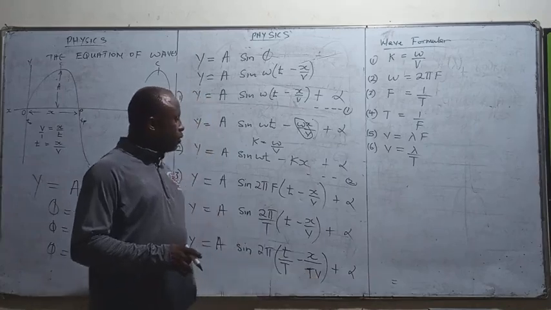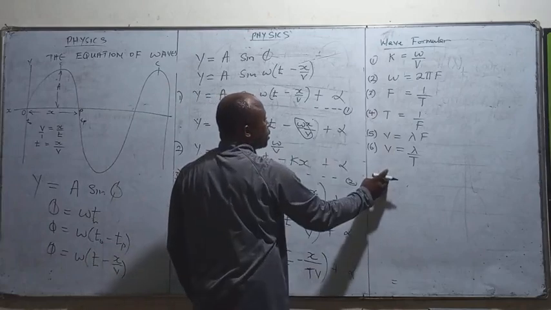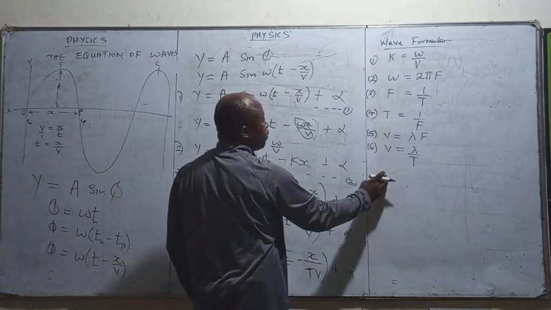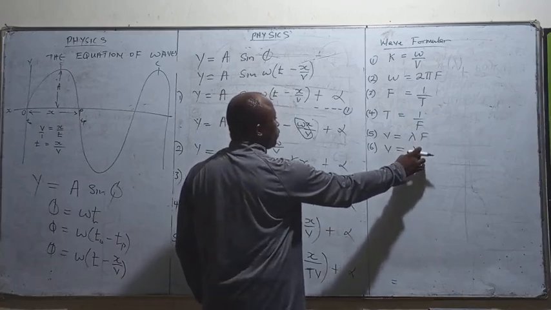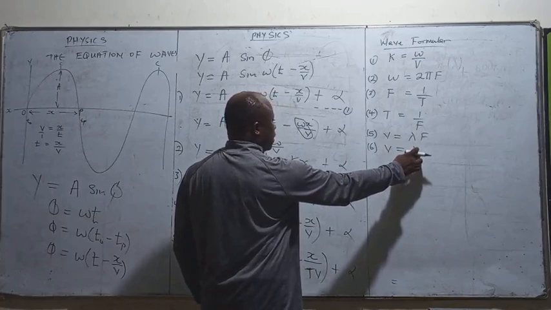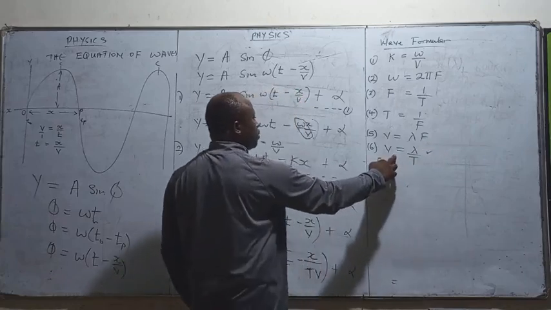parameter to replace Tv. And how do we get that? We come back to our WAEC formula. We see here that from v equals lambda over T, we can make lambda the subject of the formula. From number 6, we can make lambda the subject of the formula.